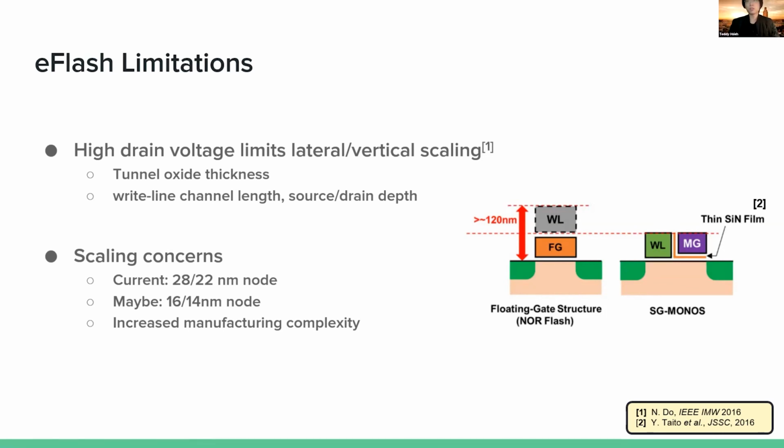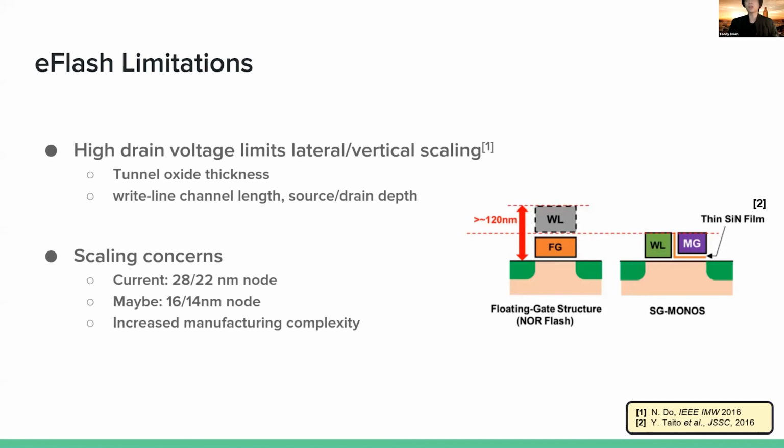Yeah, so for SG-MONOS, there were 3 major routes being undertaken for eFlash. SG-MONOS is kind of like, I think, the most promising one that I picked out of the 3 to talk about here. But I think all 3 face the same limitation in that their drain voltage, just by the nature of that device, is high.